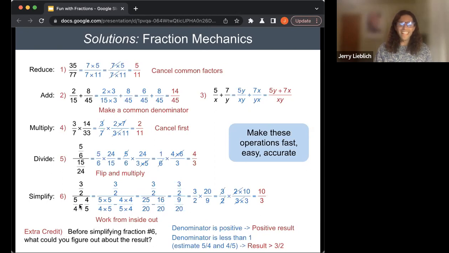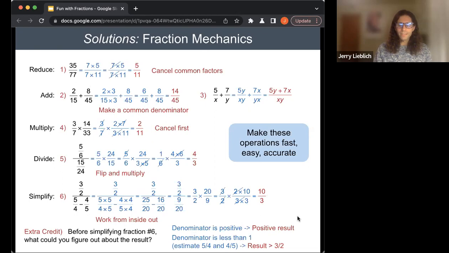My denominator is less than 1. And if I'm dividing by something less than 1, my numerator gets bigger. So my result has to be bigger than 1.5. If you're able to do that, you can make some difficult problems quite easy, because then you can eliminate answer choices. Anything less than 1.5, I don't take.